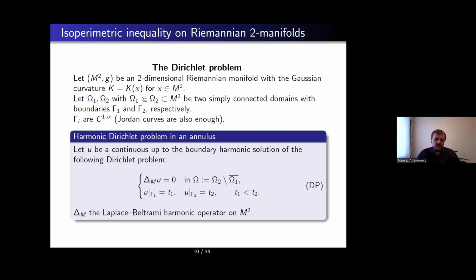Nevertheless, for the moment, we will consider the harmonic Dirichlet problem in the annulus, and we'll look for a harmonic solution, continuous up to the boundary, to the following problem in the annulus with constant boundary data, for the Laplace-Beltrami operator.